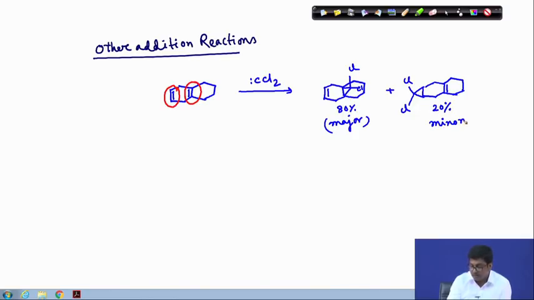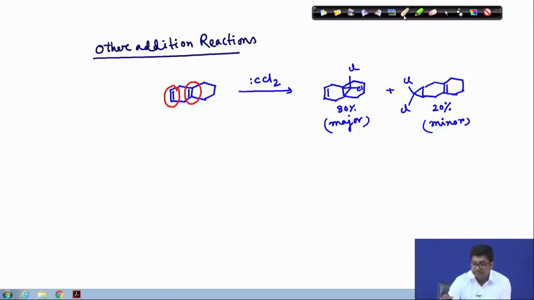So, in this case it is obvious that as this double bond is not that electron rich, this is giving the minor product, whereas this double bond is more electron rich, so this is giving the major product.